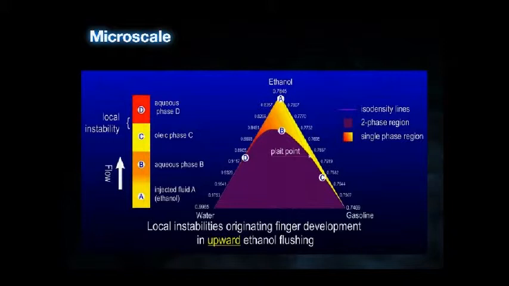Sometimes it is mixing. So I'm injecting underneath and it reaches that. What happens is we still have the local instability here, right? This phase C and the aqueous phase that we'll have there, it's heavier and it goes down. So it develops fingers as well.